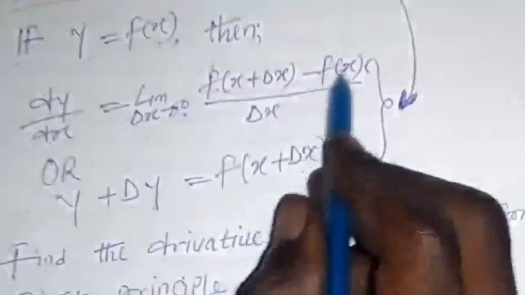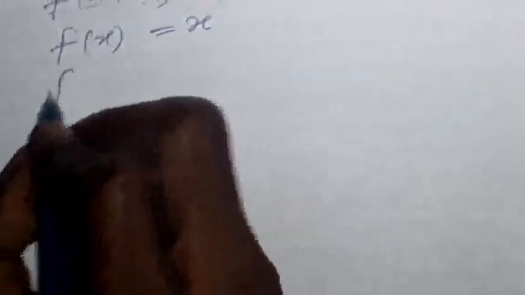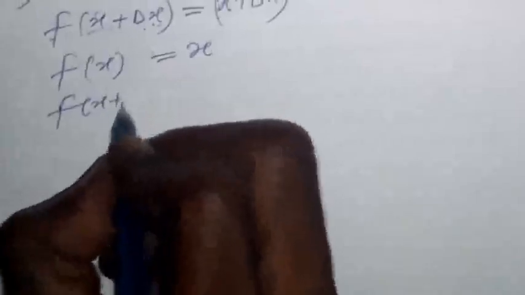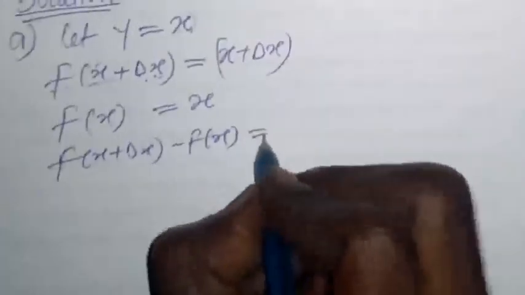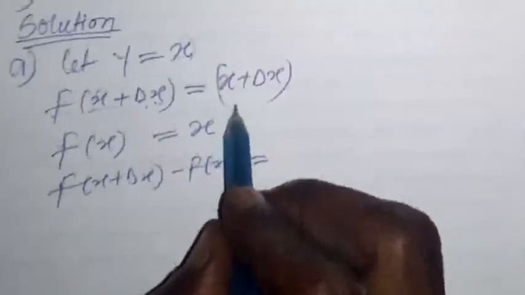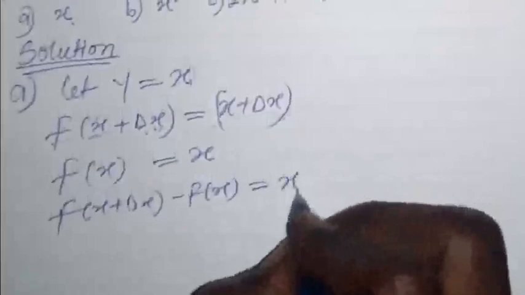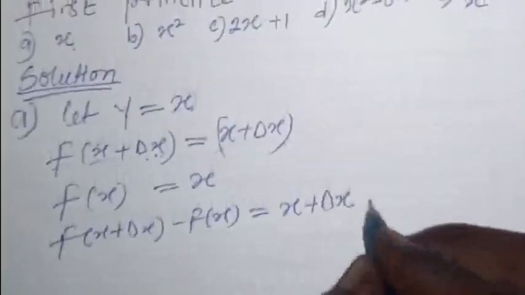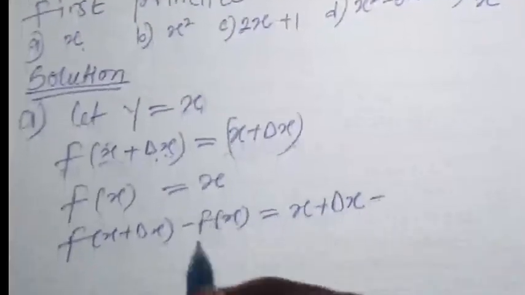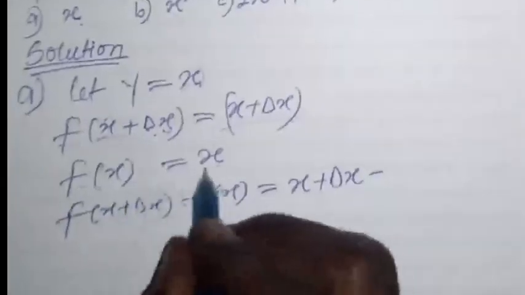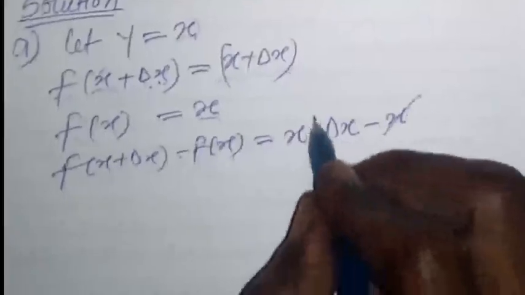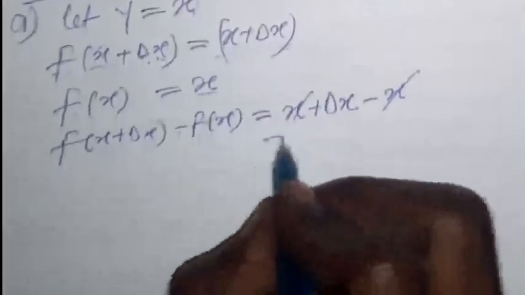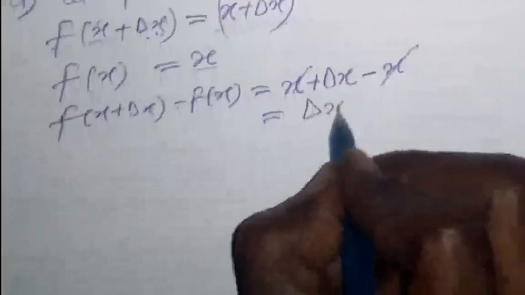Then next we are going to find f(x + delta x) minus f(x). What is our f(x + delta x)? It is our x + delta x. Then minus f(x), and our f(x) is this. Therefore we have x, so as you can see, x goes with x. Therefore what is left is only delta x.